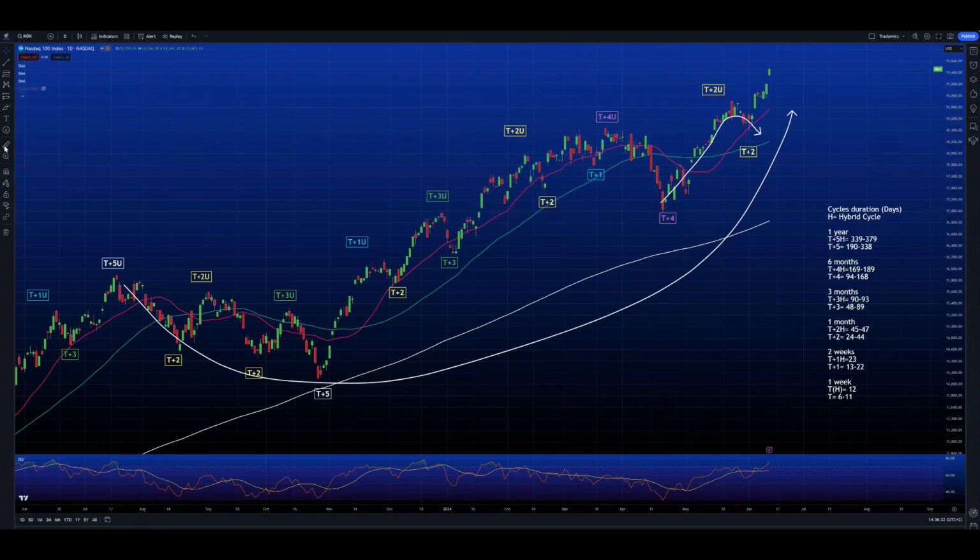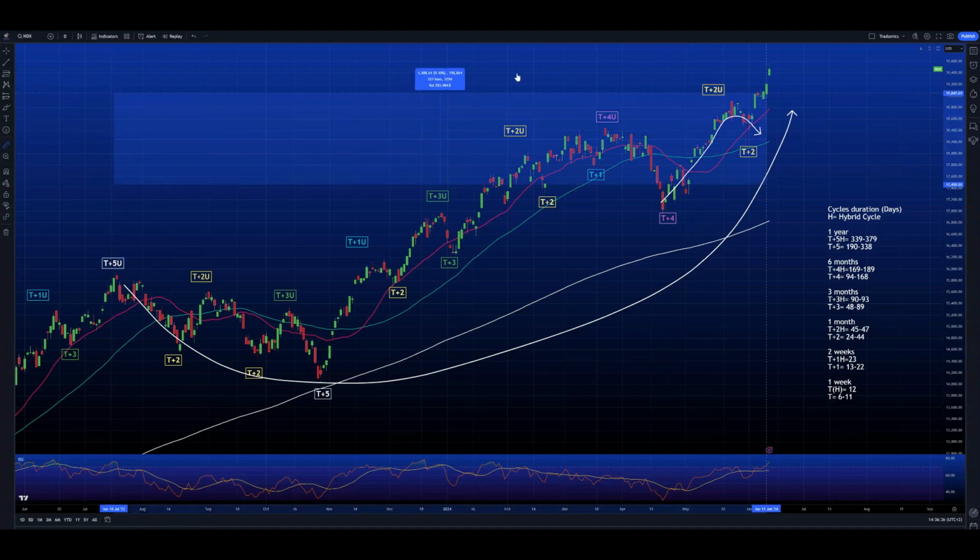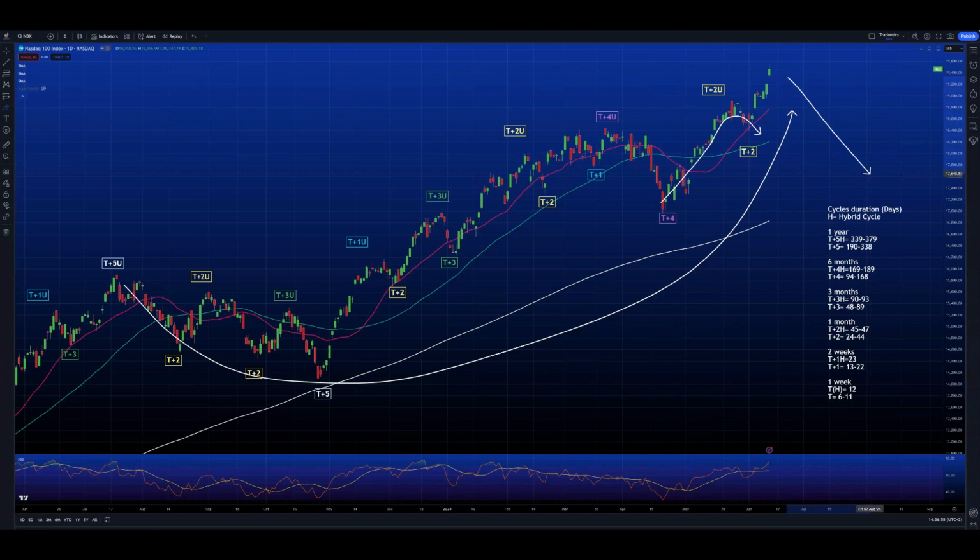Now, what can we say about it? If we gauge the overall duration, first of all, we have to realize that we have 227 days, which is already a duration that can exist within a T plus 5. Therefore, we already have the sufficient and necessary condition to close a T plus 5 and then begin a new upward cycle with a further push to the downside.